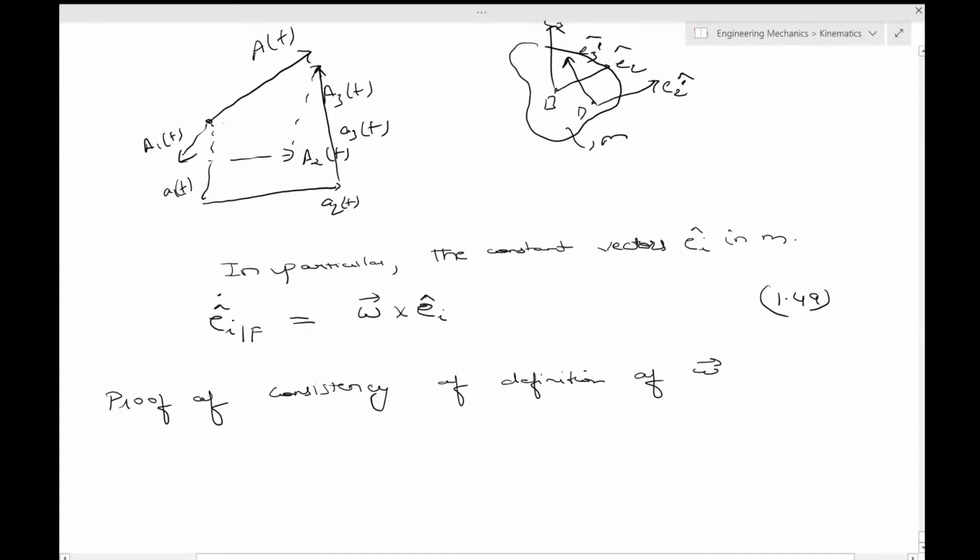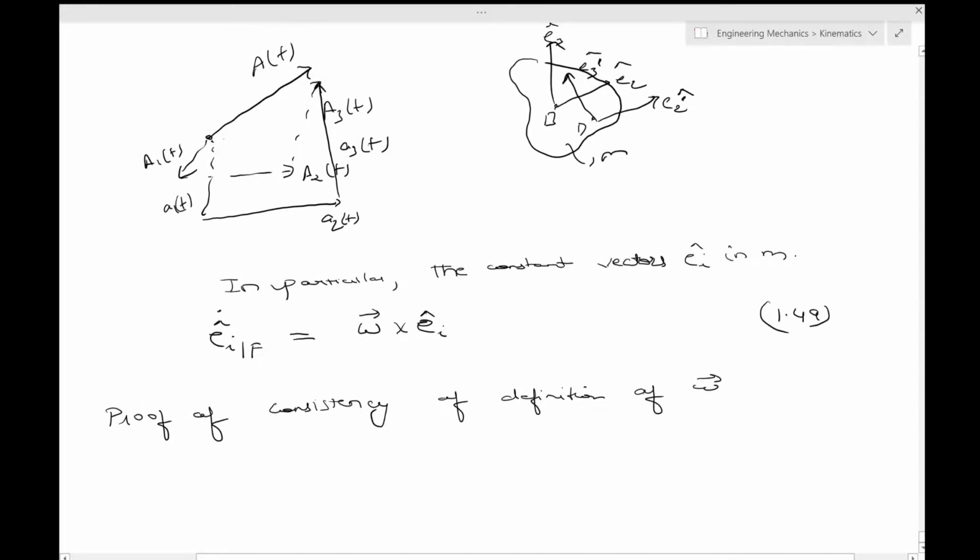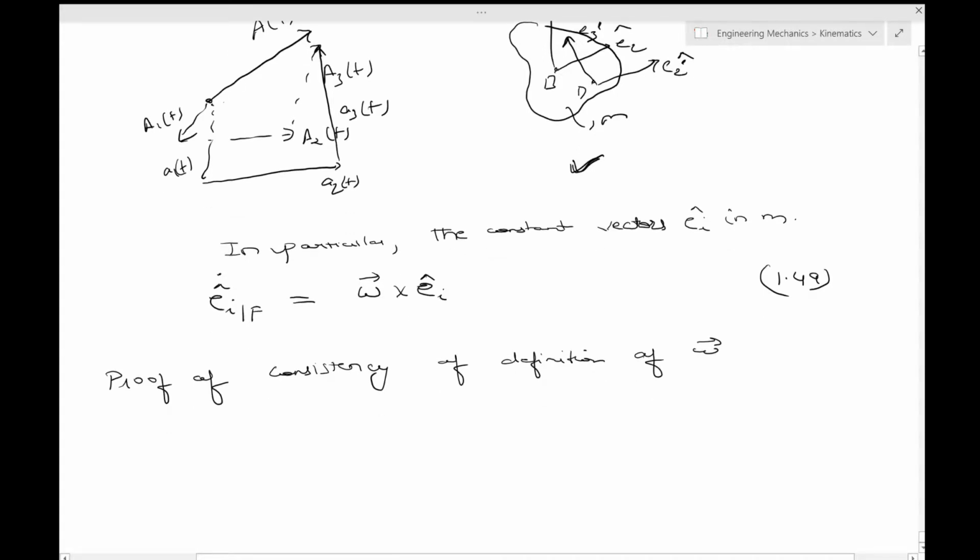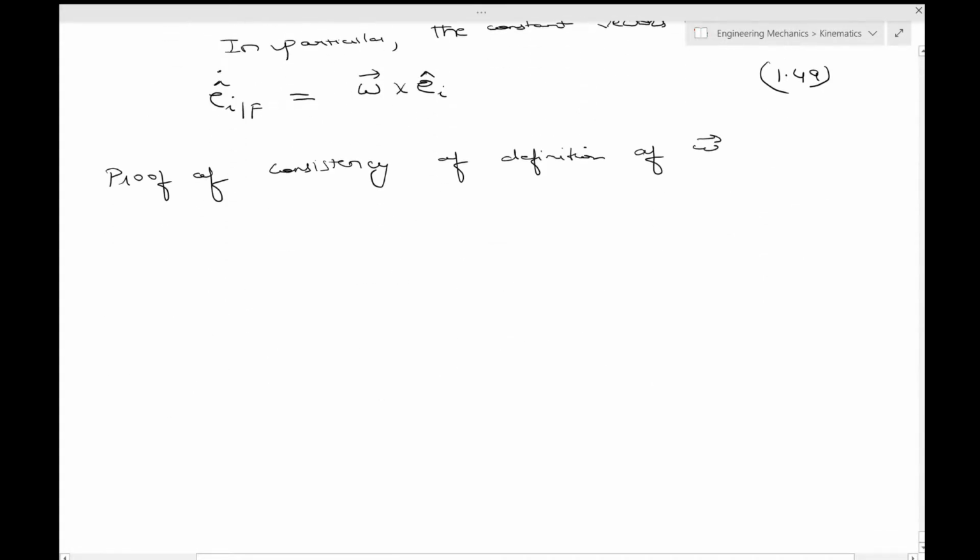So we will be referring to this figure, okay, this one, where E2 dash and E3 dash are given, and then you have another. I'll draw it clearly again. Let me just draw that.